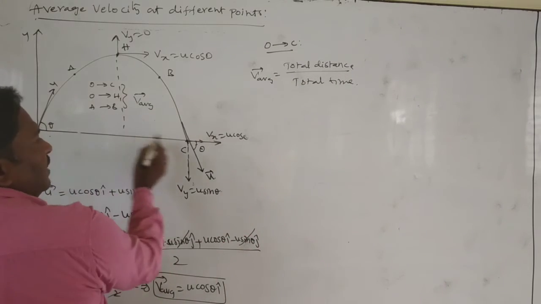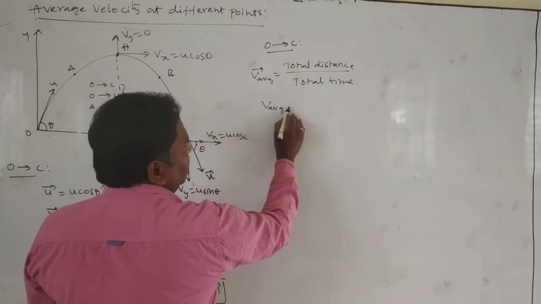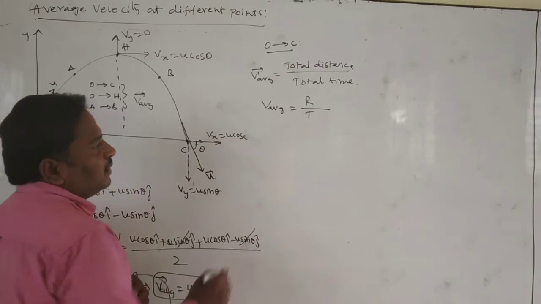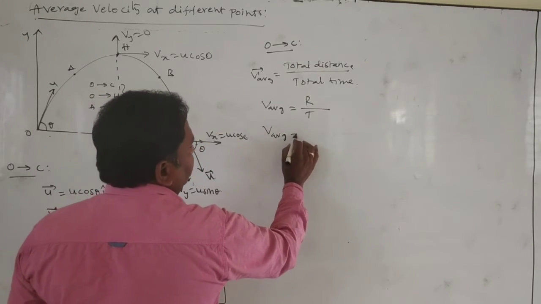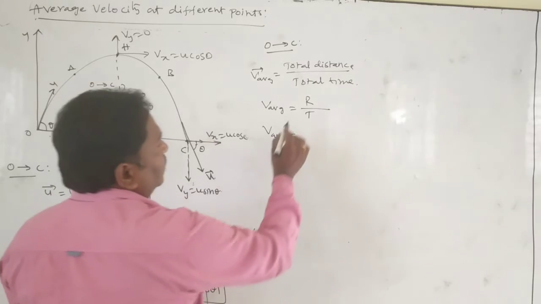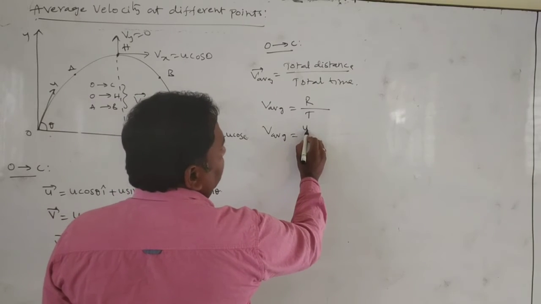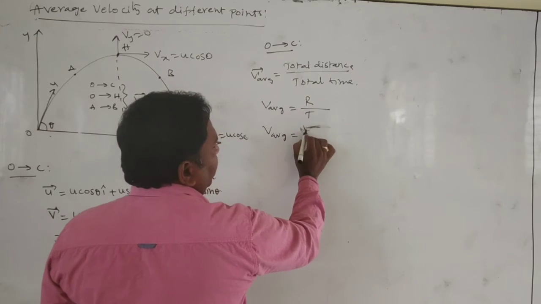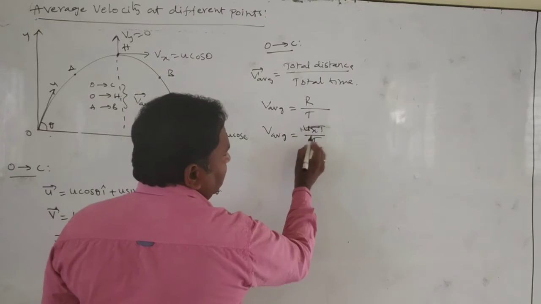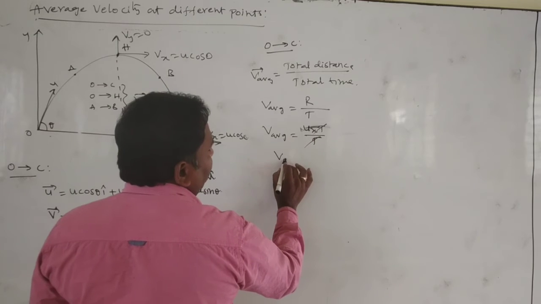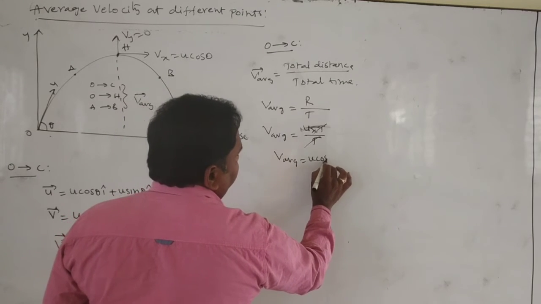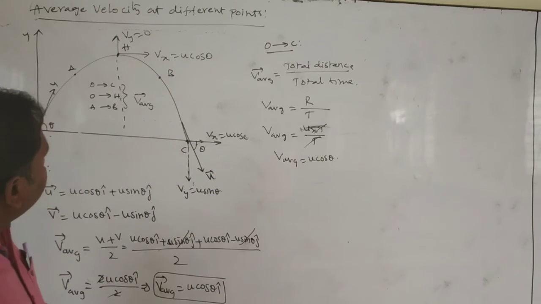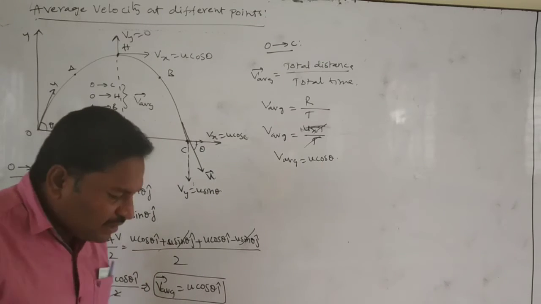The total distance is the range, and the total time is the time of flight. So average velocity equals the range formula, horizontal component of velocity into time of flight, divided by time of flight. T cancels. What is the horizontal component of velocity? It's u cos theta. Next, what is the average velocity?